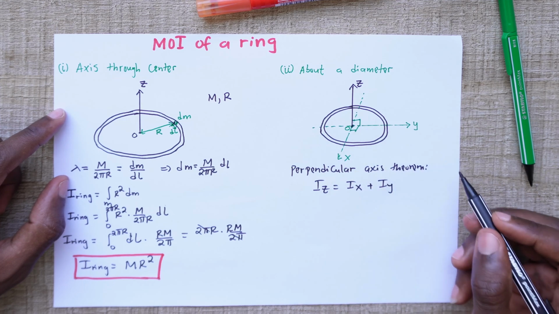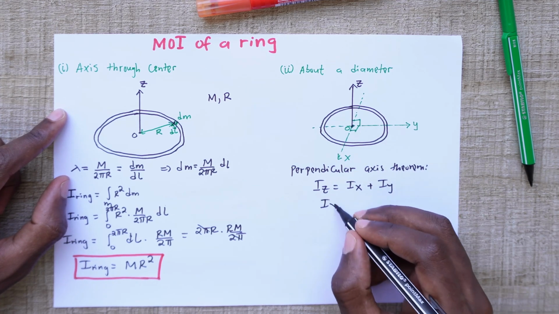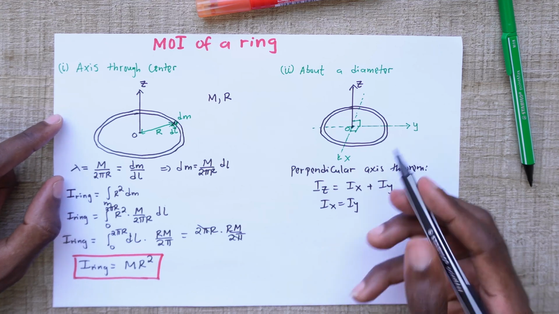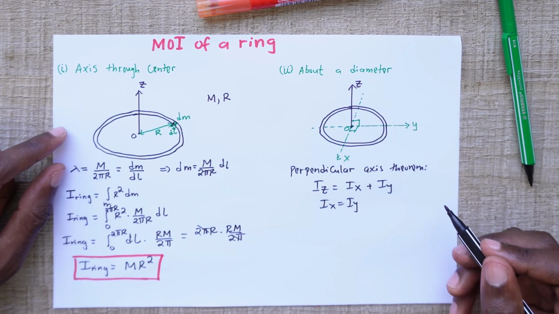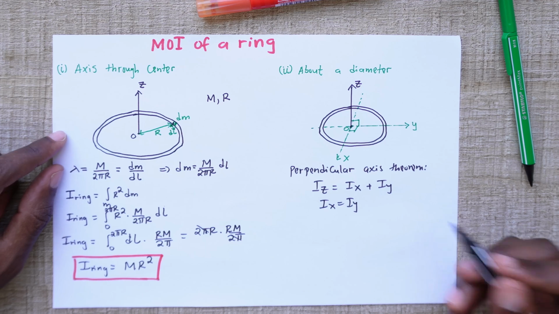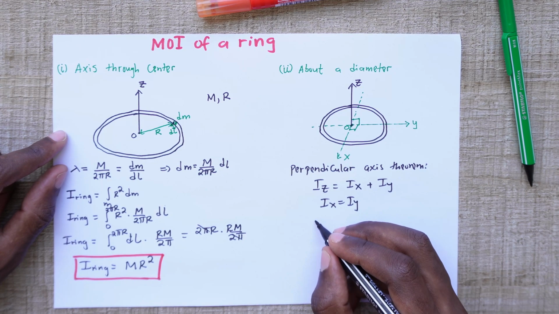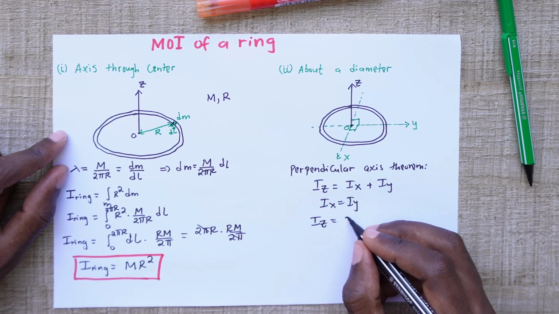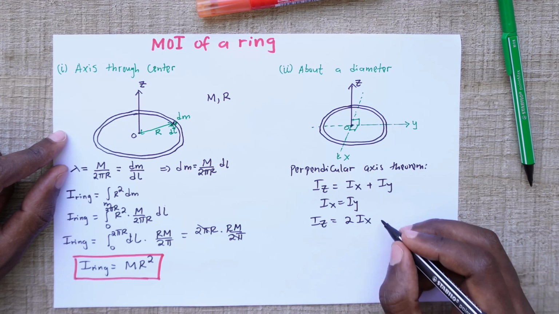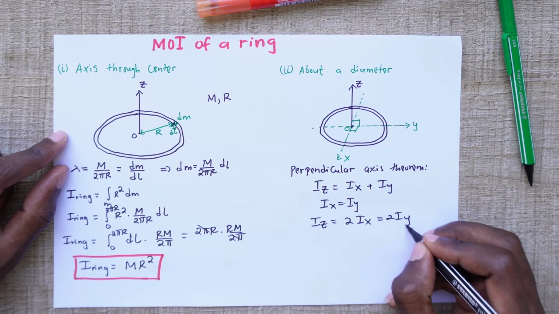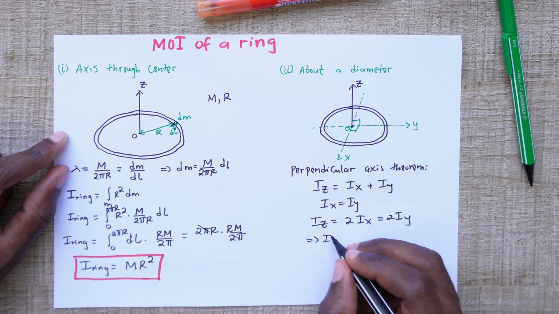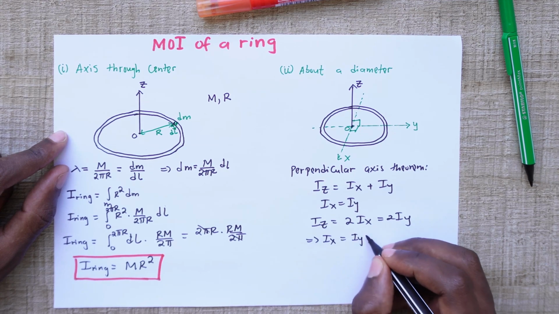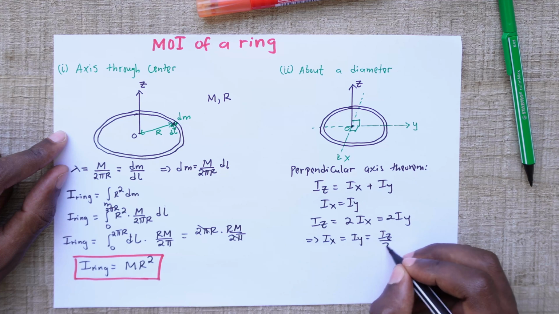Due to the symmetry of the ring, Ix would be equal to Iy, because the two are diameters, you can't distinguish between them. So Ix equals Iy, which implies that Iz is going to be 2Ix or 2Iy, as you wish, which implies that Ix equals Iy, which is Iz over 2.